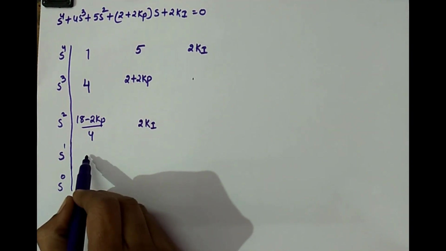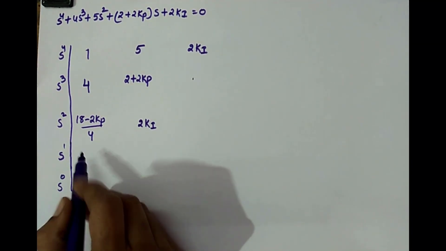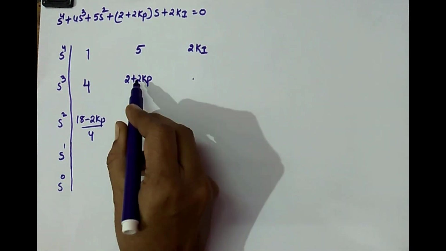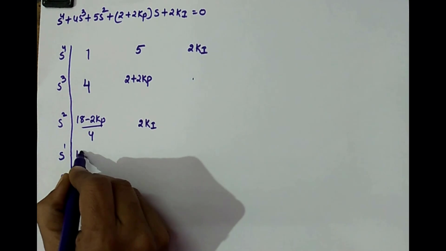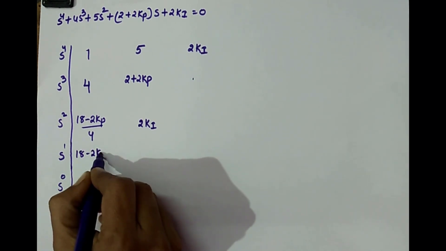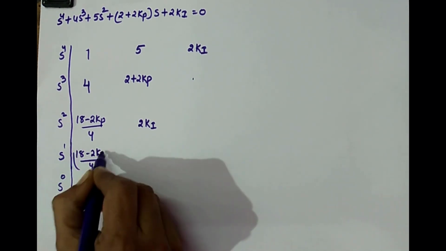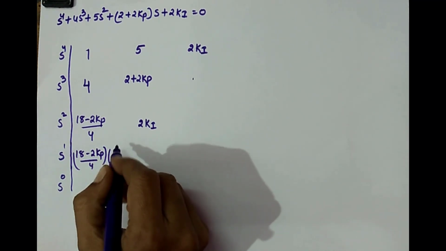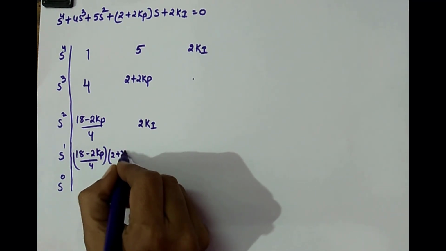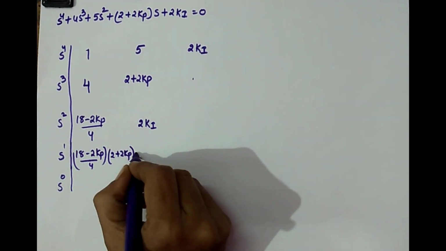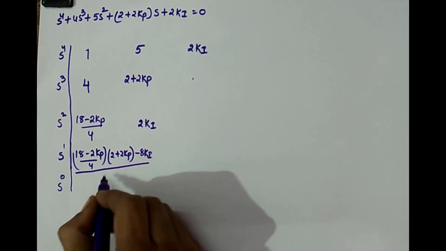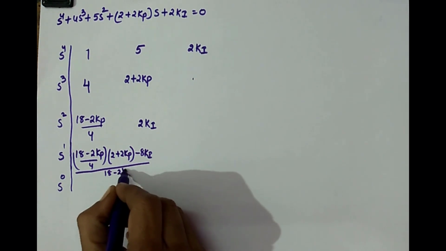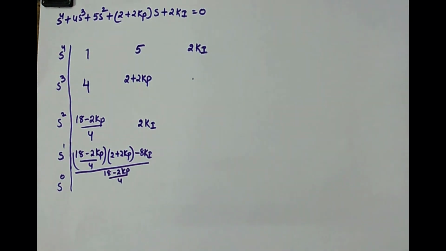Again, to write the term here, follow the same procedure: this product minus this, divided by this. So it is ((18 minus 2 Kp) by 4 into (2 plus 2 Kp) minus 8 Ki) divided by (18 minus 2 Kp) by 4.